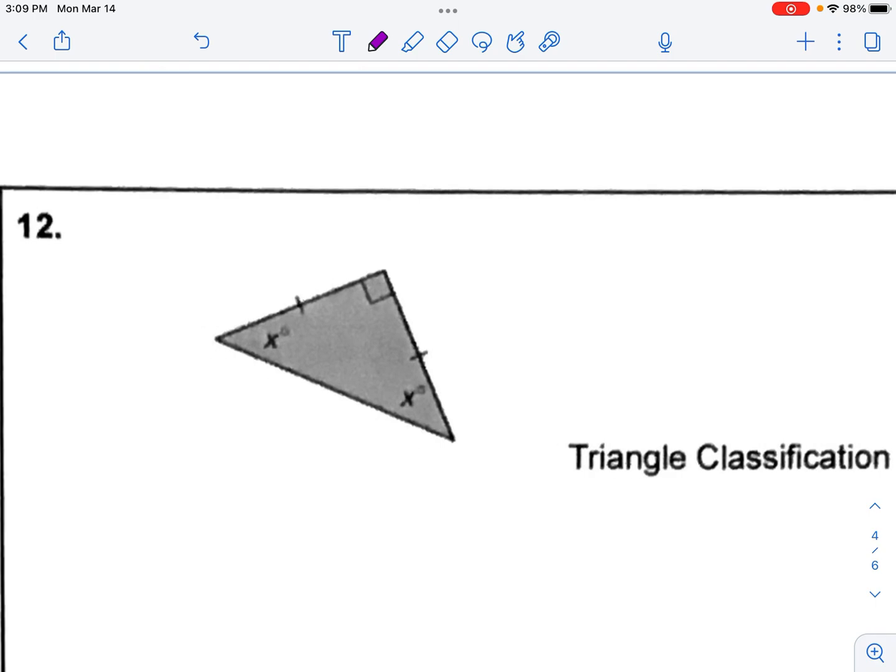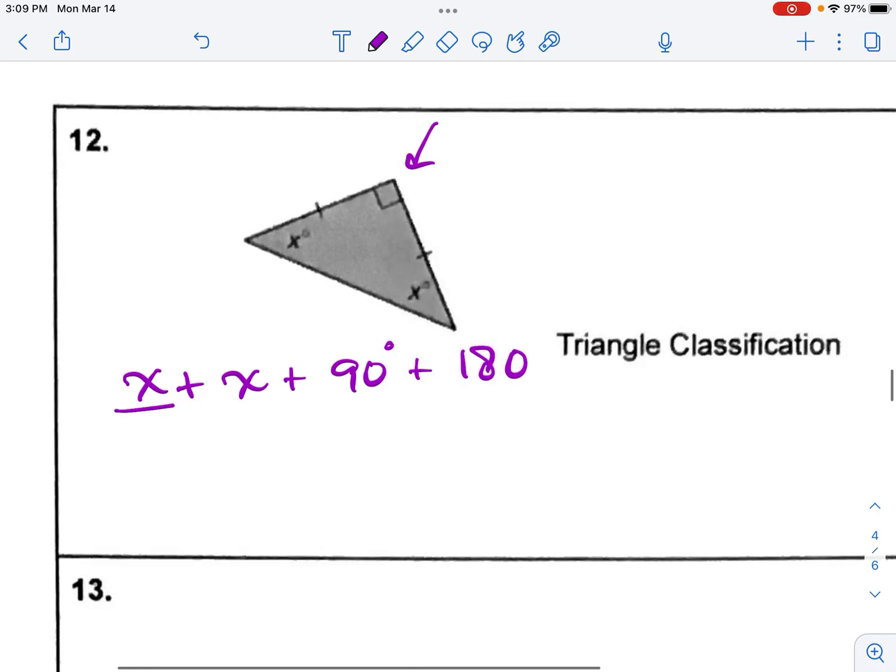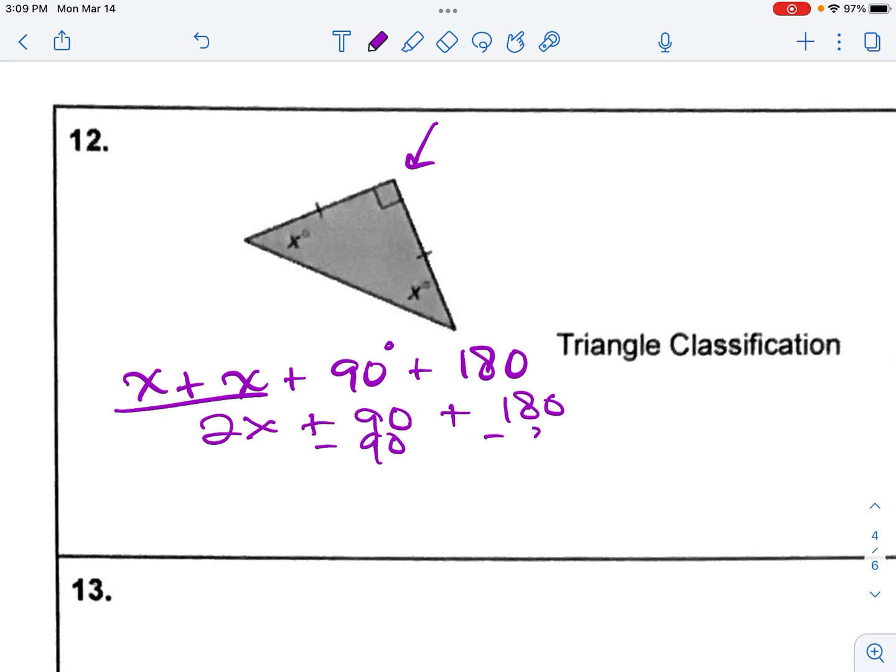Same thing with number 12. I have x plus x. We should know that little box means it's a right angle. It's 90 degrees. All three must add up to 180. So this one's obvious, but again, show me your work, please. Always.